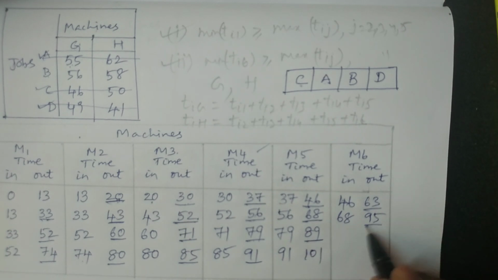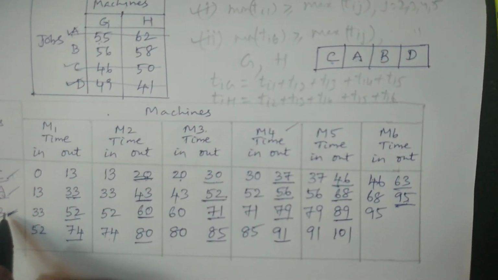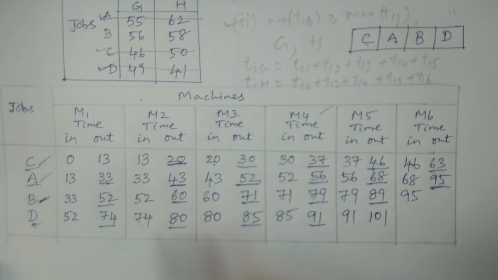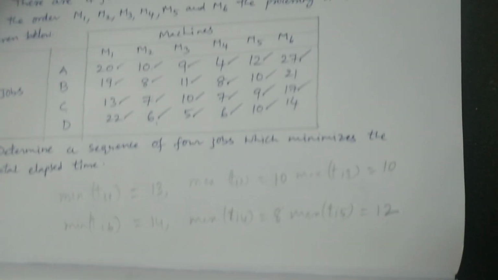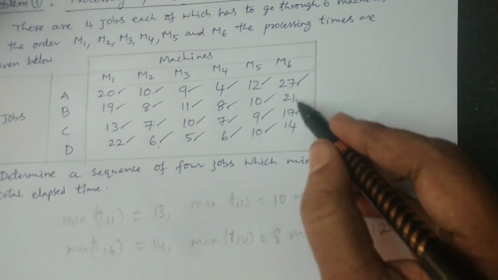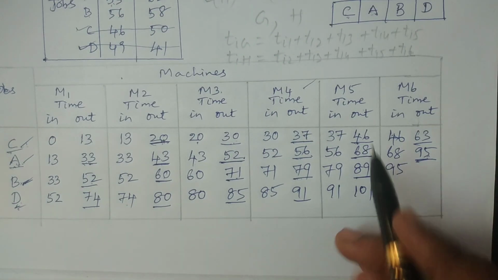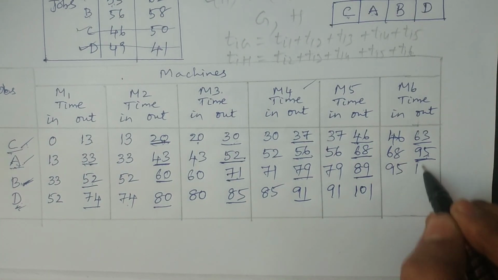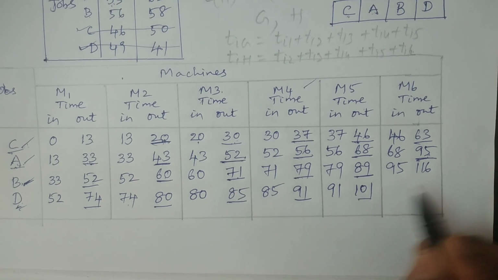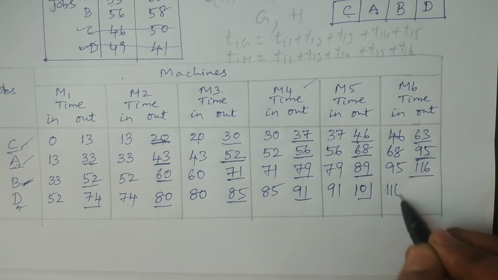Maximum of 89 and 95 is 95. 95 plus the processing time of job B, the next job on mission 6. Job B is 21. 95 plus 21 is 116. The maximum of 101 and 116 is 116.